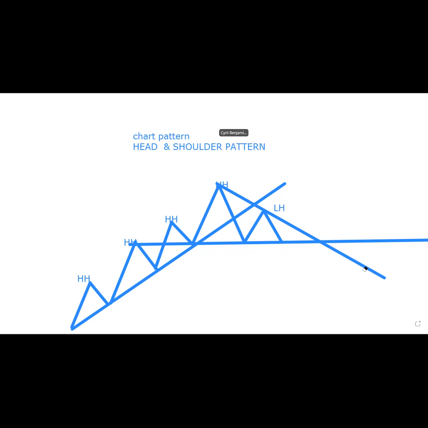Yes, ma'am. A build up into the support that looks like a ranging market can be traded when it breaks to the downside. When it breaks to the downside, come on.